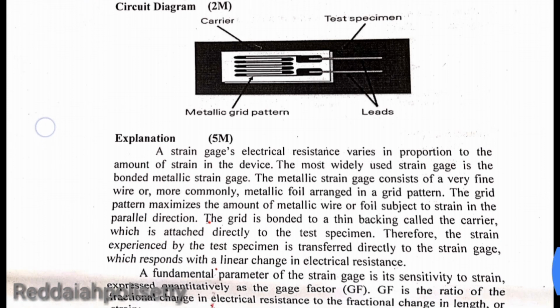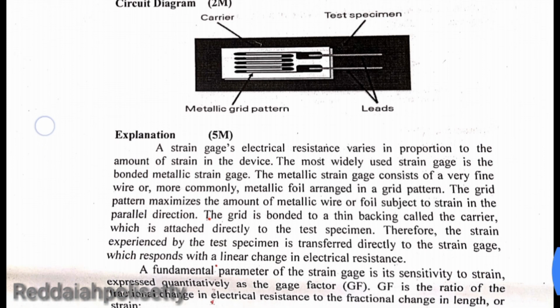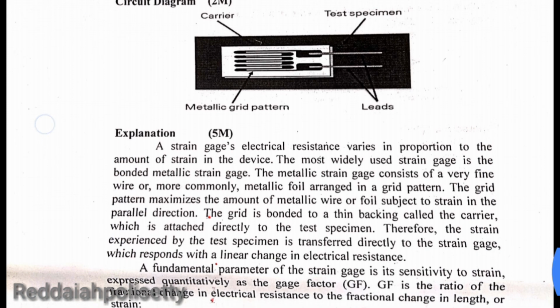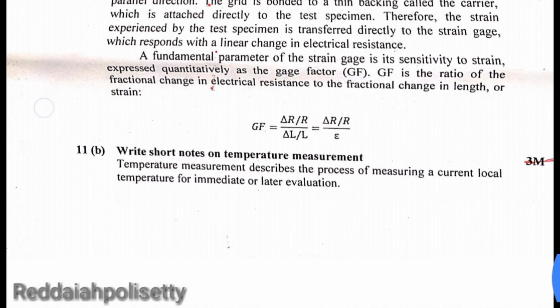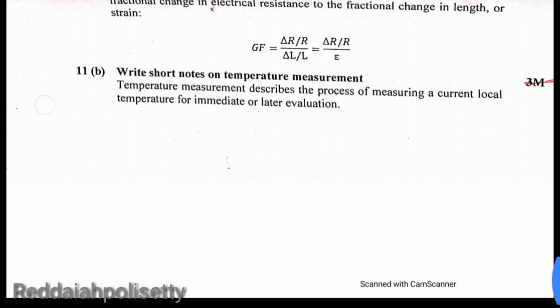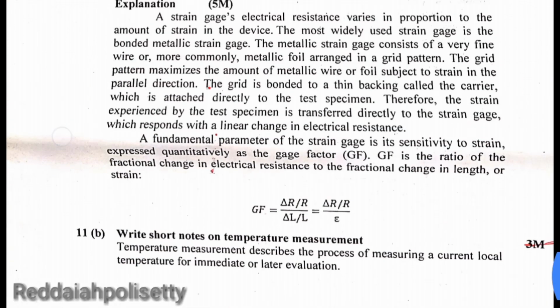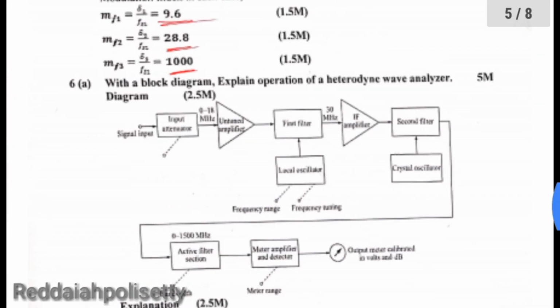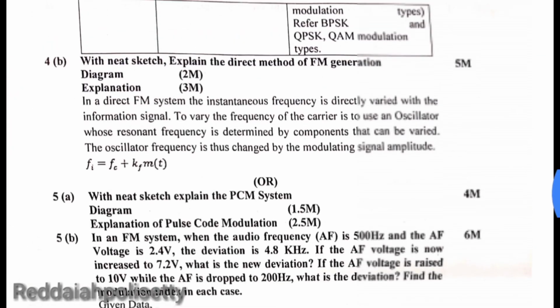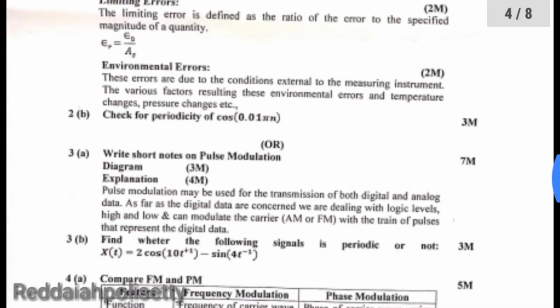How to measure the strain: metallic grid pattern. Load cells can also be used to measure strain. Temperature measurement, how we are using it. This is about the questions and answers, and how the marks are allotted for different questions.